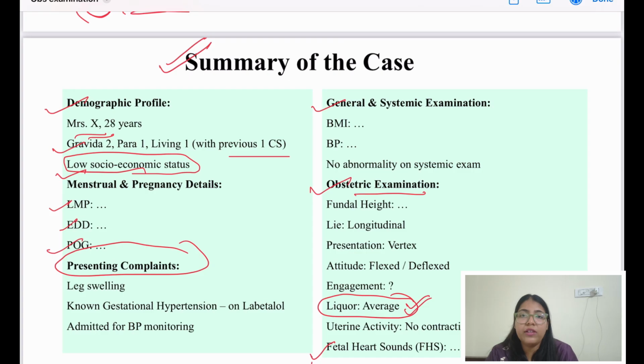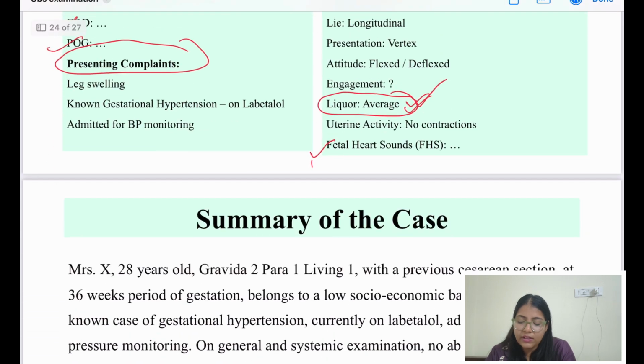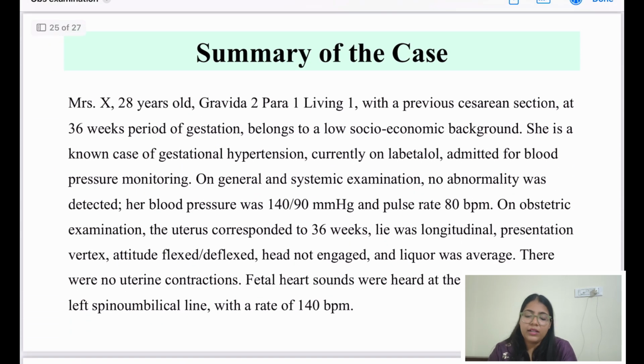And if you are unable to feel the fetal parts, there may be so much liquor that it is making you unable to palpate them. That way you can assess the liquor also. So here I have just given one example of a case summary. You can make your summary like this depending on the case, the history and your examination findings.